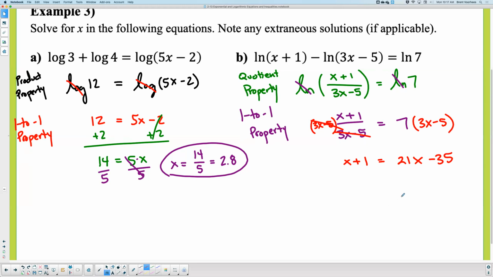What terms do we have that we can combine? How about the x's? How can I combine this x and this 21x? How about let's subtract the 1x. I like doing it this way. Subtract 1x. Okay, what about the 1 and the negative 35? Add 35. Let's add 35. I agree with that. So we're combining our like terms now.